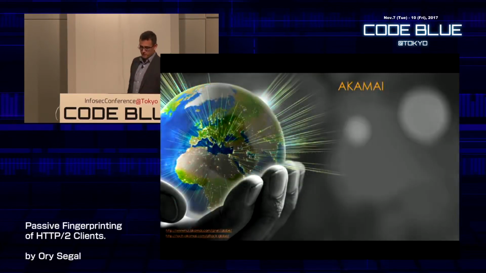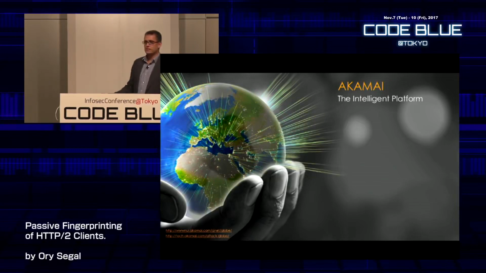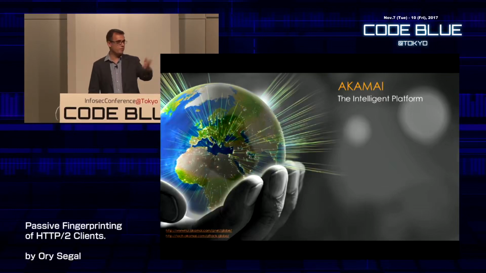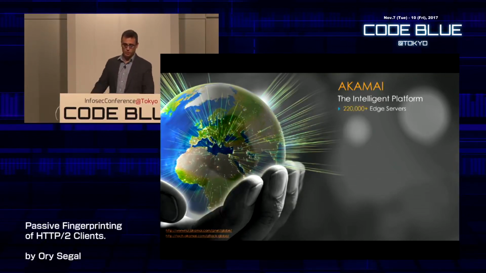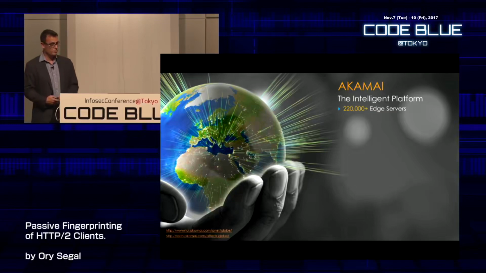So a few words about Akamai. Again, this is not a sales pitch. Akamai is the world's leading CDN platform. It's been around since the 90s. I'm pretty sure that most of you heard about Akamai. And if not, you're probably using Akamai now with your computers. We have deployed over 200, now it's actually 250,000 edge servers across the entire web.